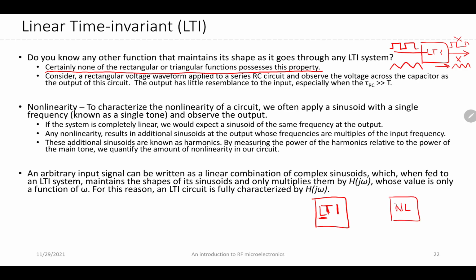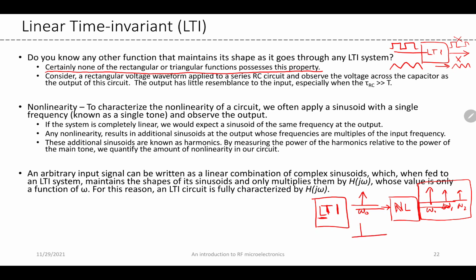You want to understand the degree of non-linearity. Again, you'll use sinusoids. So what you'll do is you'll either use one sinusoid of a single frequency, say omega naught, and you'll see how the system changes that. Say, for example, instead of omega naught, you also get omega 1 and omega 2. Then that itself helps you understand or helps you characterize the system.